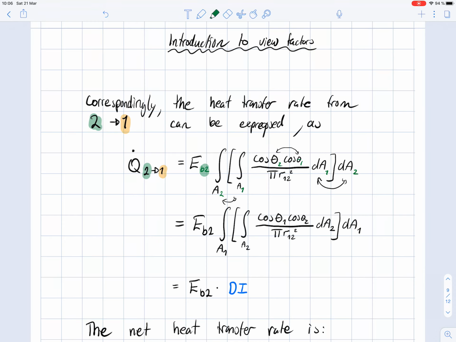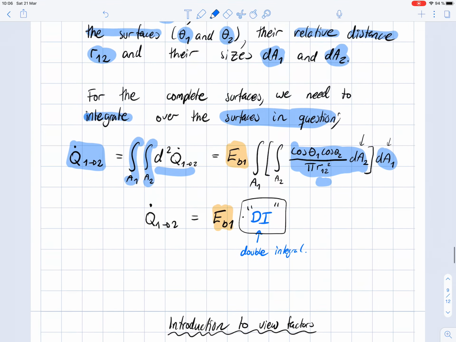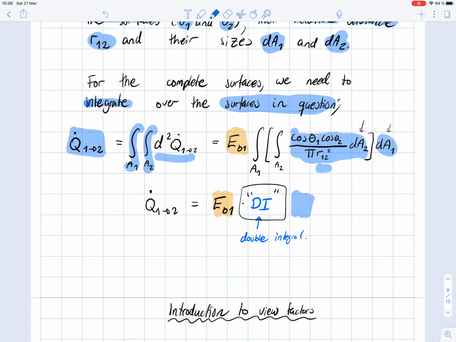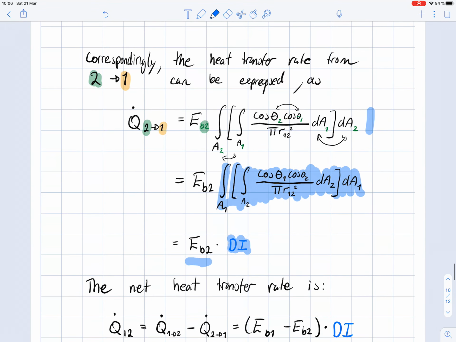So we can actually rewrite the integral that we have here as this. And this is the same double integral as we had for the heat transfer rate from 1 to 2. So the only thing that changed is the energy flux, which depends upon the surface that we are looking at.